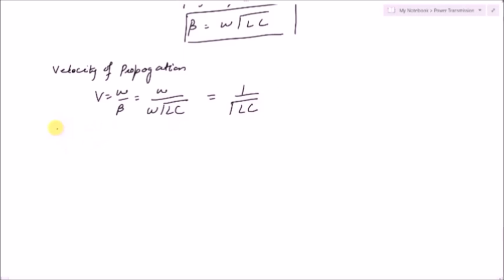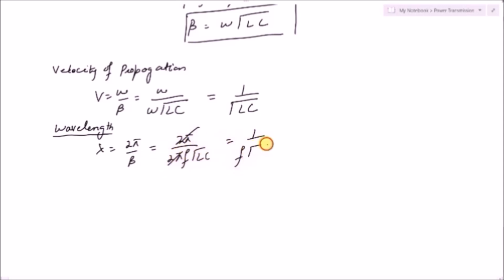Similarly, we can find the wavelength, or the distance for which the phase shift is 2 pi. Lambda is equal to 2 pi by beta, right? And if I put the value of beta, it will be 2 pi over 2 pi f under root LC. So 2 pi will cancel out and it will be 1 over f under root LC. So these are the two equations that we calculated.